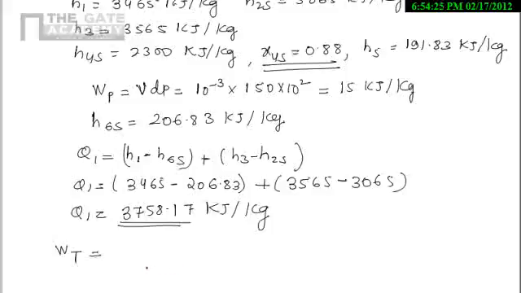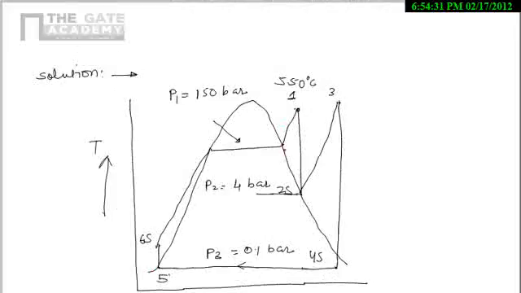Now let's consider the turbine work. So here there are two kinds of turbine, high pressure turbine work and low pressure. You see here 1 to 2s we are calling high pressure turbine, and 3 to 4 is low pressure turbine. So now we have to take these two work and we have to add it.